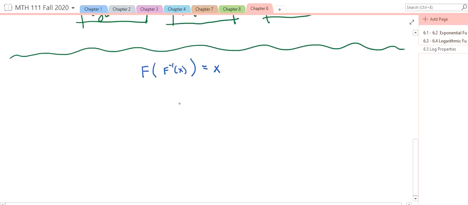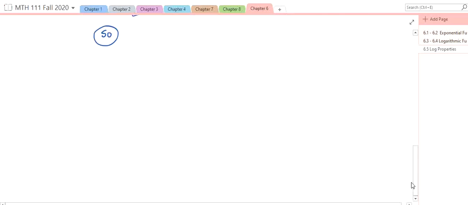A lot of arguments there. So a function whose argument is its inverse function is just the argument of that inverse function. So if this is an idea, I'm just going to state it.